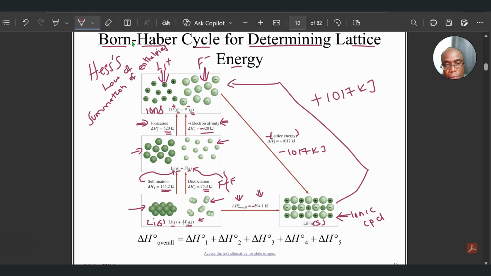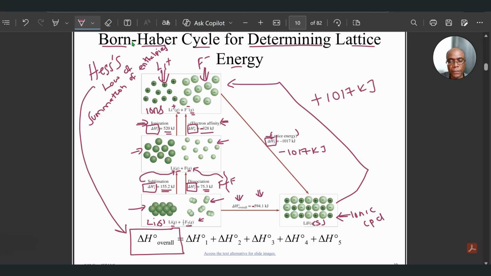So you'll have to sum up delta H1 plus delta H2 plus delta H3 plus delta H4 plus delta H5. Those ones, when they are added up, you're going to get the overall heat of reaction, and that process of summation of enthalpies is what we call Hess's law.